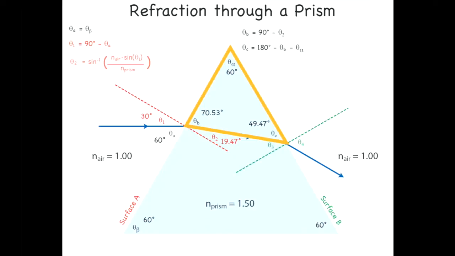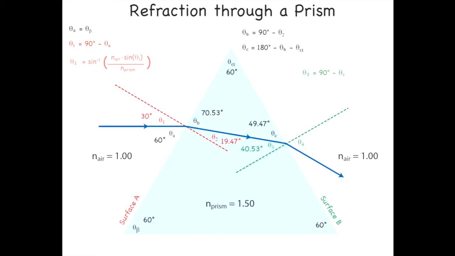Because now, from the fact that this sums up to 180, I've gotten this angle, and that angle is a complement to this one. These two obviously sum up to 90 degrees for the same logic that we had on this side, right? This is by definition the normal, so it's 90 degrees to the surface. So once we have theta c, theta 3 becomes very easy. It's just 90 minus theta c, which gives us about 40.5 degrees.